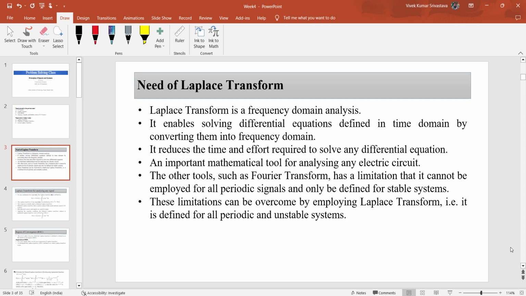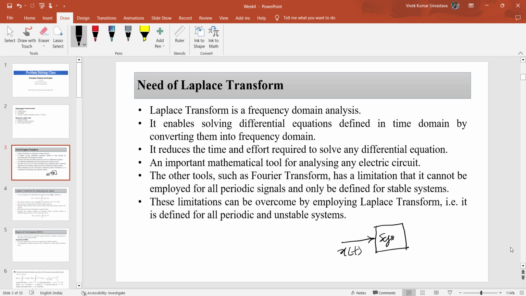Before starting the Laplace transform, we have to understand what the need for learning it is. As we know, whether it is an electrical circuit or an electronic circuit, it is made up of the basic circuit components: resistor, inductor, and capacitor. Let us suppose this is my system. On this system, I am applying a signal x of t.